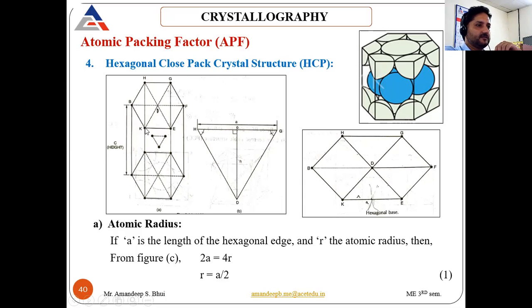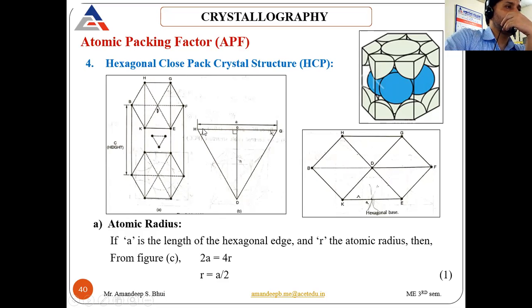Let the length of the edge, say BH equals HG equals HF, GF equals FE equals EK equals BK, equal A. So this edge of the face of the hexagonal structure is equal to A, and suppose the height of this unit cell is given by capital C. Here, if we take this triangle from this structure, that is triangle HGD, D is the center of this face.